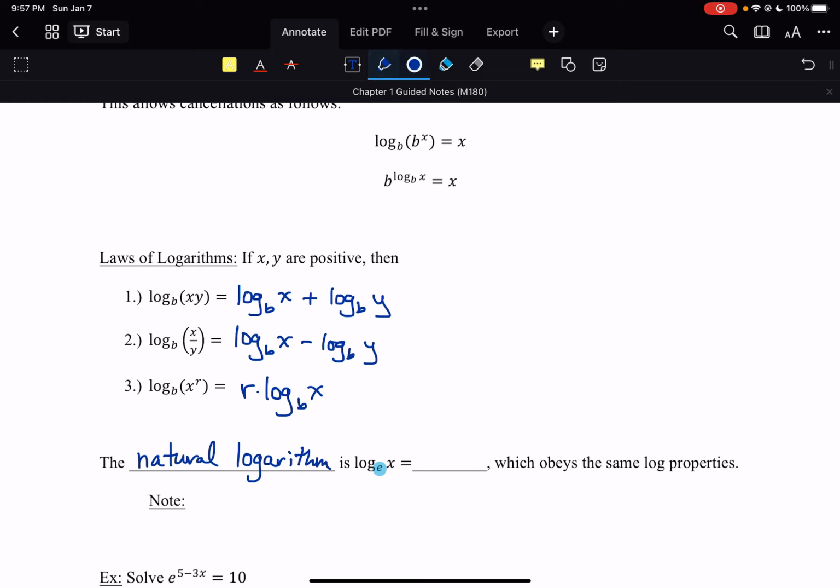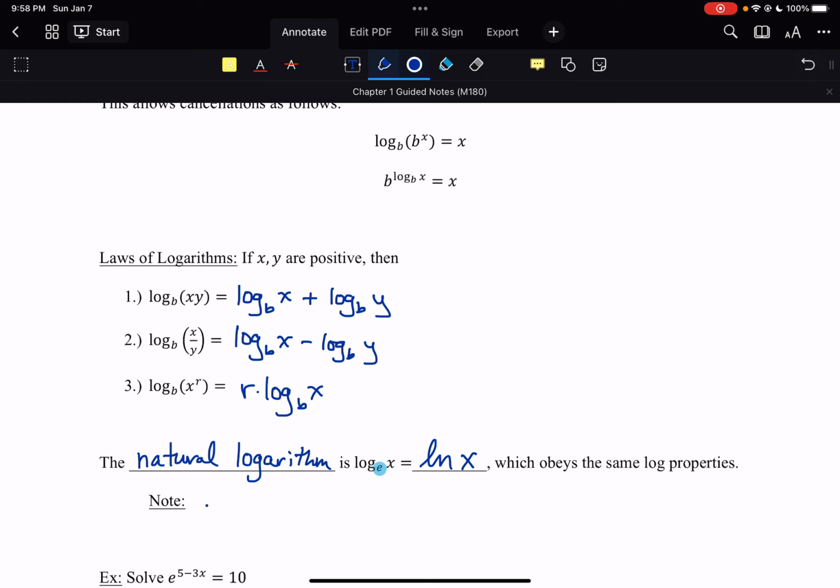So it's log base e, but we use it so frequently that it gets its own name, and that is ln of x, so natural log. So ln of x is the natural logarithm that's log base e, and it obeys all the same log properties. It behaves the same way as other logarithmic functions. It just has e as its base.